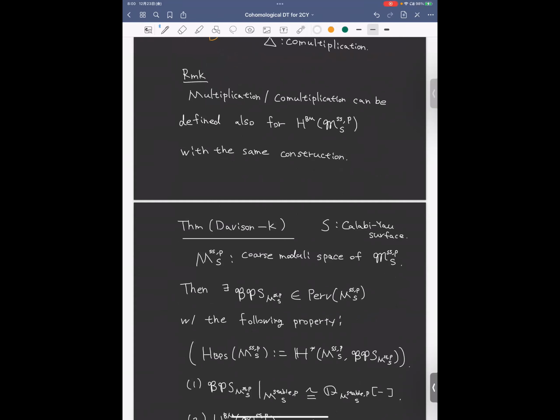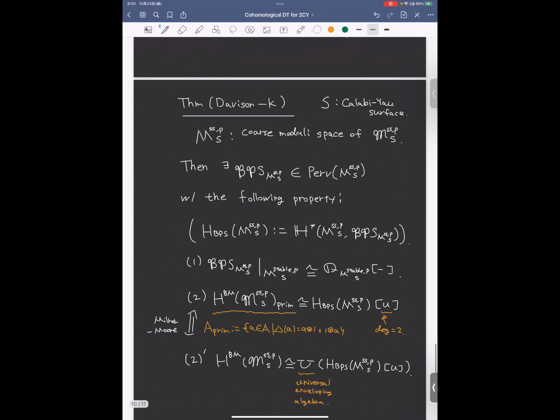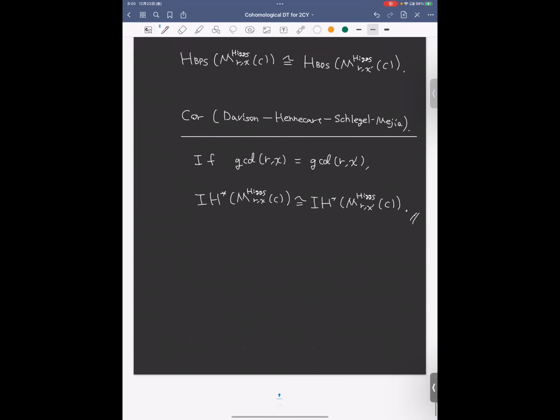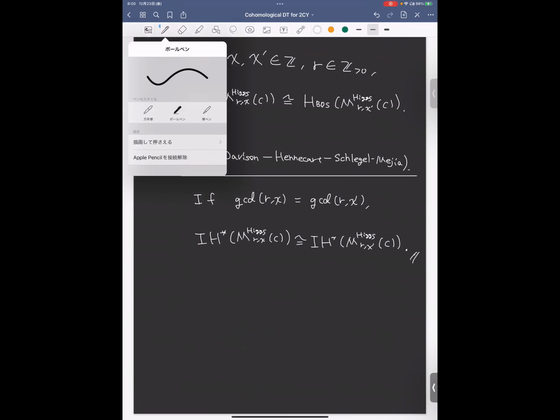So this type of BPS cohomology or BPS sheaf is specific to the moduli space of objects in a 2-Calabi-Yau category. Okay, so we can write down the construction as follows.